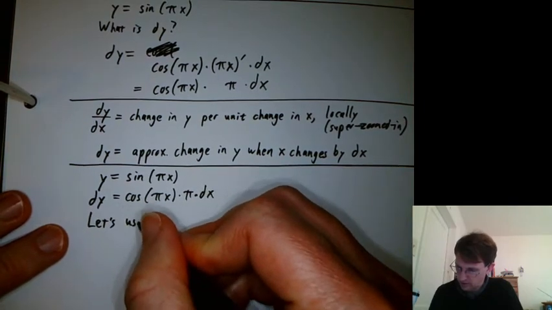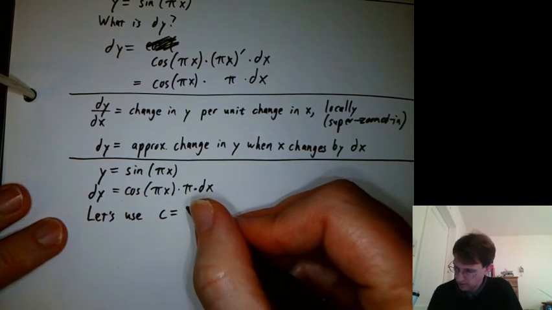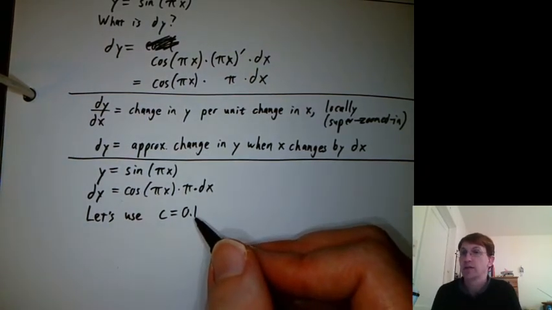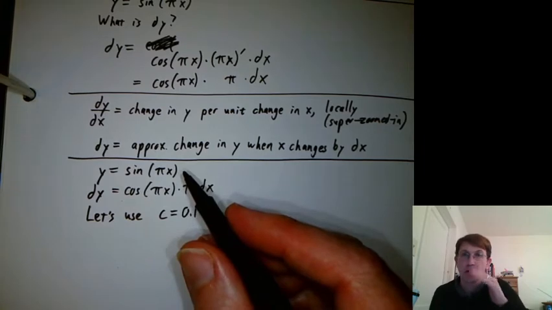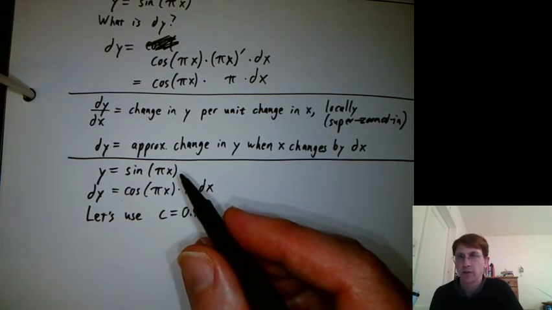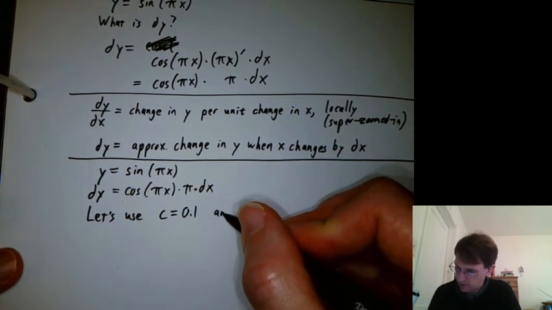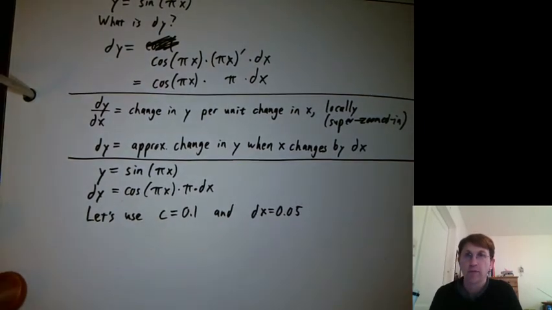Let's use c equals, how about 0.1, which is unrelated to how we often use h equals 0.1. I just feel like doing something kind of near the origin here. The sine wave is increasing more quickly than a regular sine wave, and I just feel like catching it on that first upswing. So we'll use c equals 0.1 and let's use dx equals 0.05.